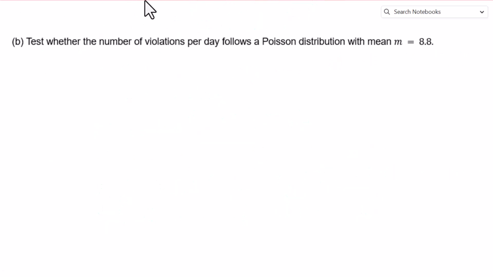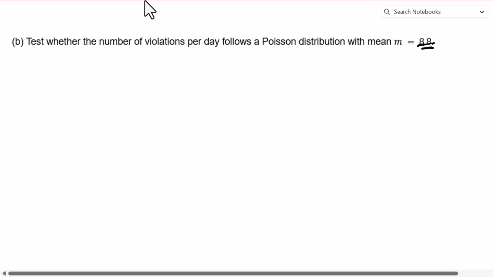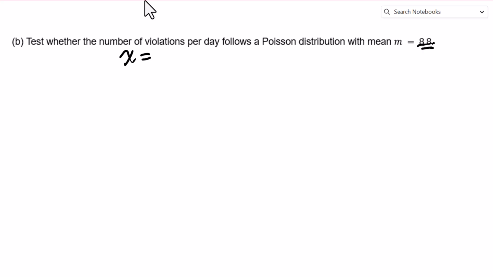Let's go to part B. Test whether the number of violations per day follows a Poisson distribution with the mean 8.8. X statistic equals observed frequency 32.